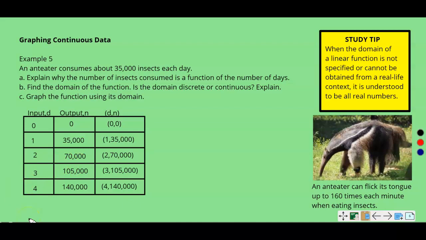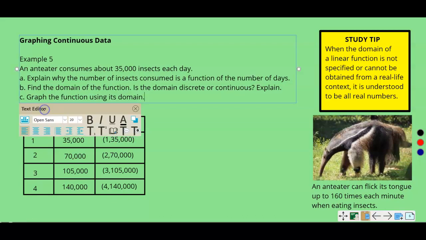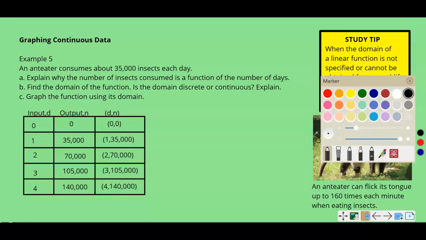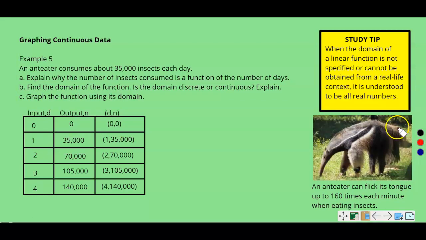All right, so the next thing we need to do is take the table and actually decide how we're going to put that on a graph. So if we think about our input, it's normally our x value, and our output is normally our y.